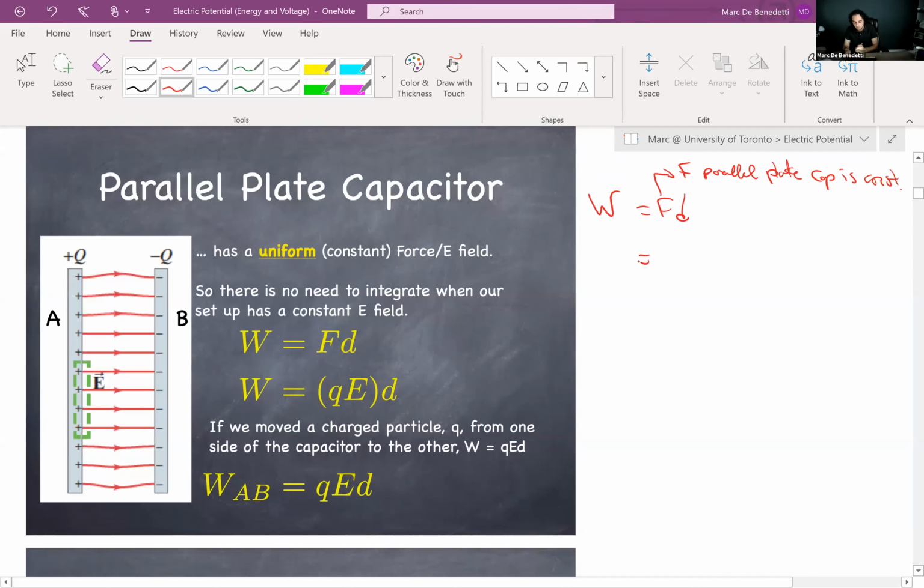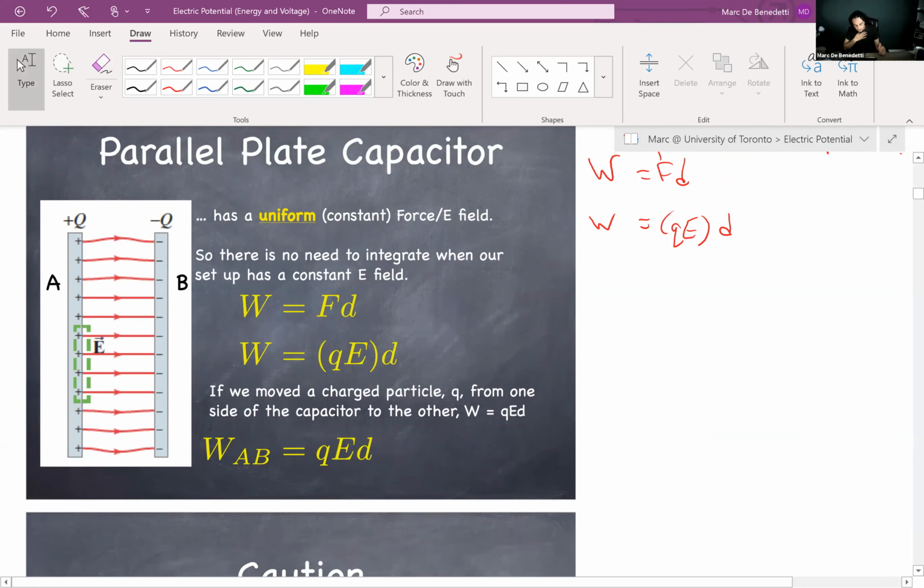So here we see that the work done in a parallel plate capacitor is QE, because that's what force is, times the distance you wish to move this hypothetical charge. And you can drop the brackets to say QED.